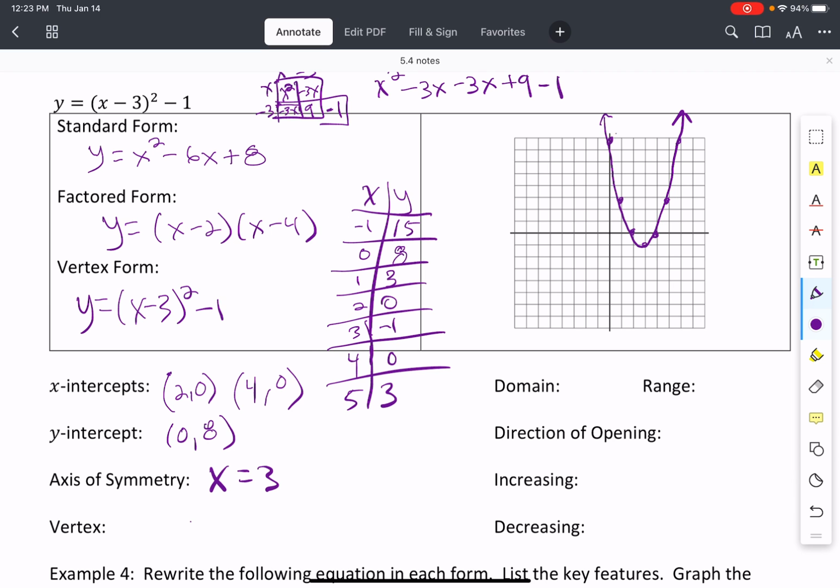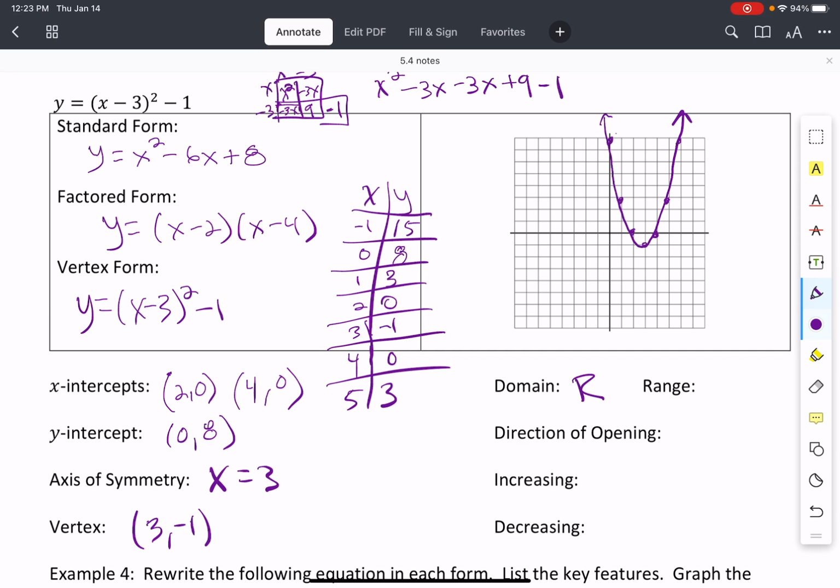Okay. Kasten, what's the vertex? Vertex is going to be that low point? Uh-huh. Oh shoot, is it negative 1, 3? So close. X is first. 3, negative 1. Okay. Maddie, what's the domain? Yep.